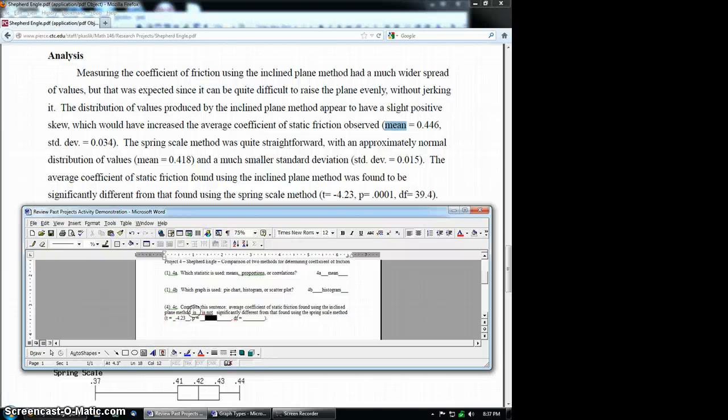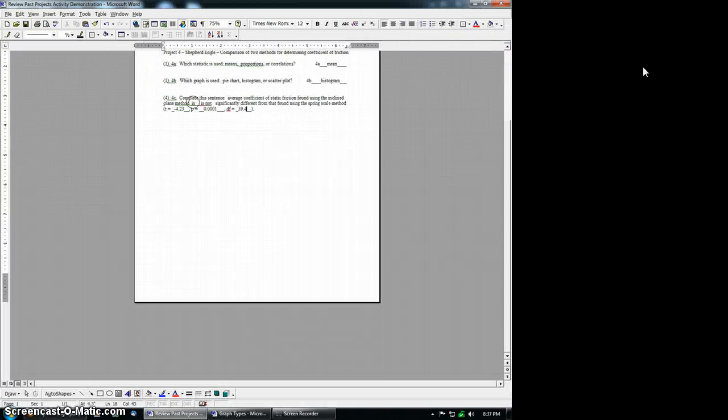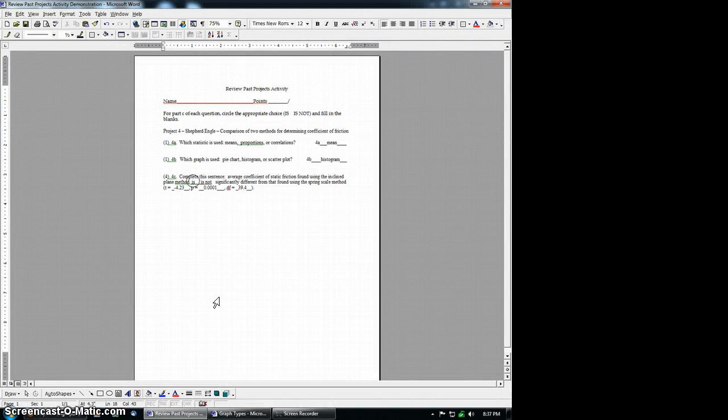Don't forget minus signs when they appear. The p-value is 0.0001. And df, which stands for degrees of freedom, is 39.4 degrees of freedom. And that is all you have to do to complete this activity.